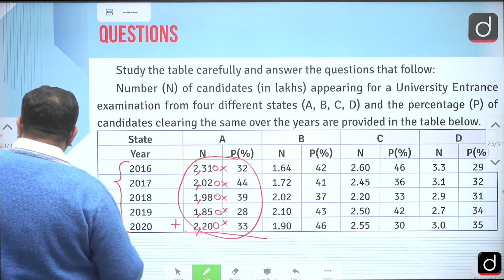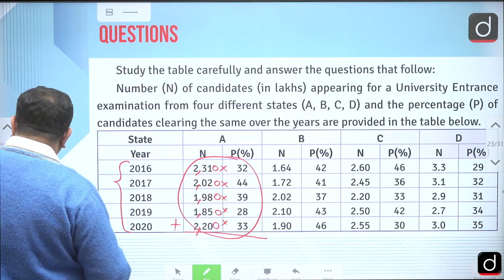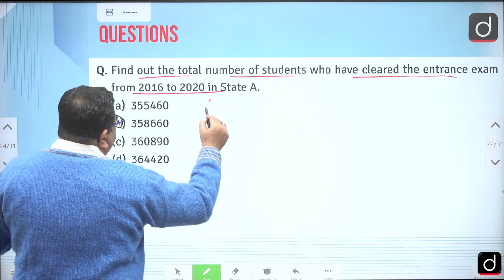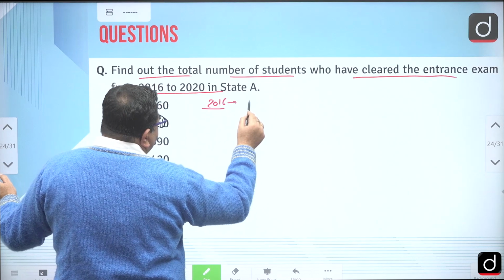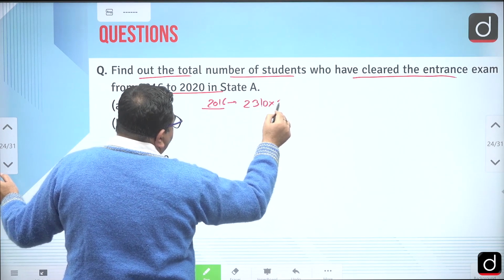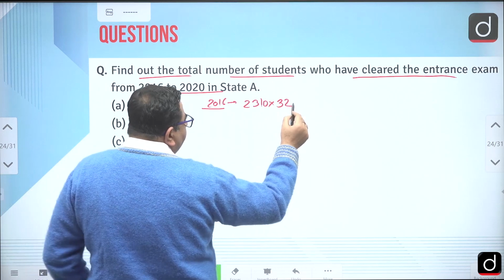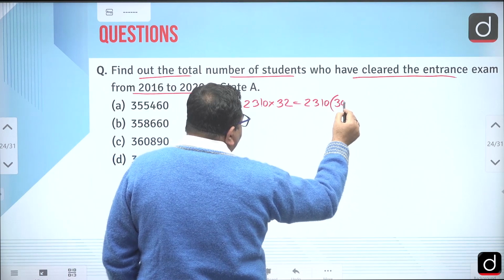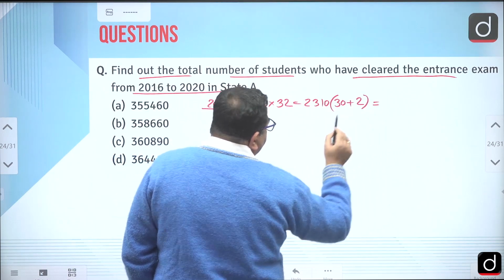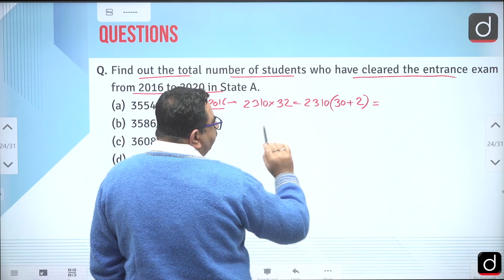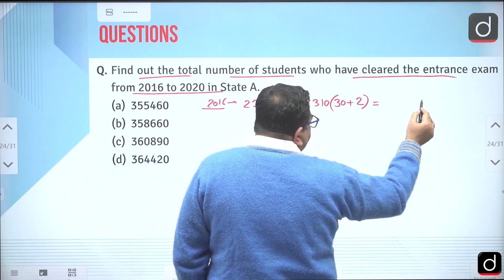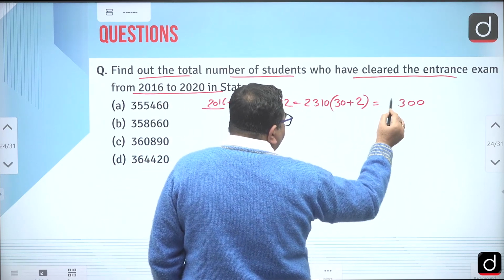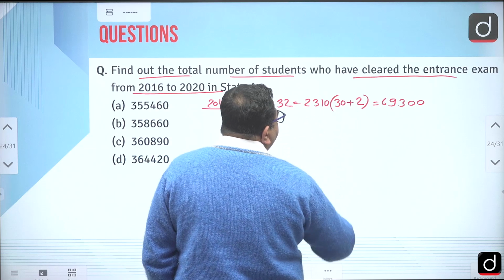So the first one, in 2016, that is 2310 into 32. Again this 32 we can write as 30 plus 2. Multiplying with 30 is very easy, that is 231 and then two zeros: 3 into 3 is 9, and 6, 693.